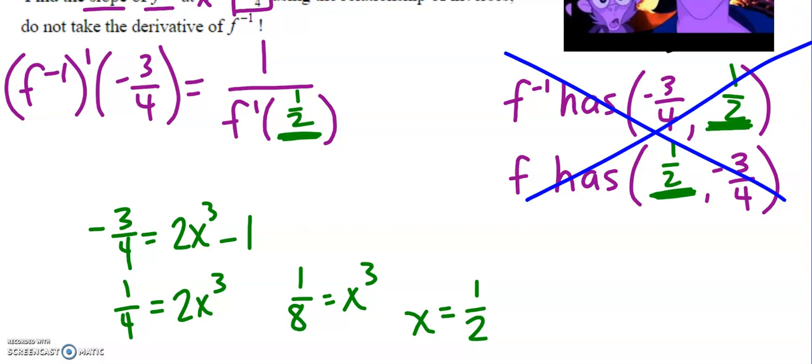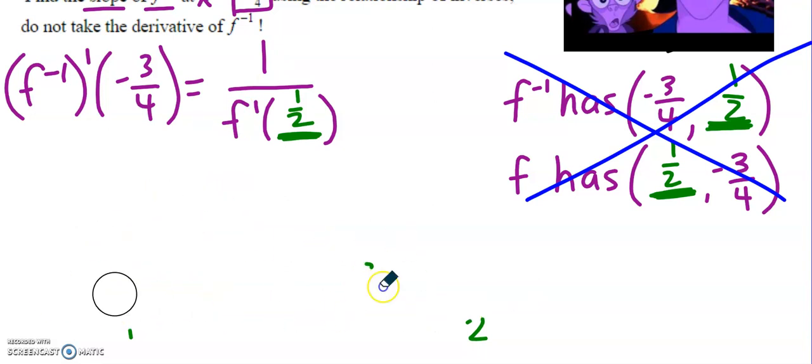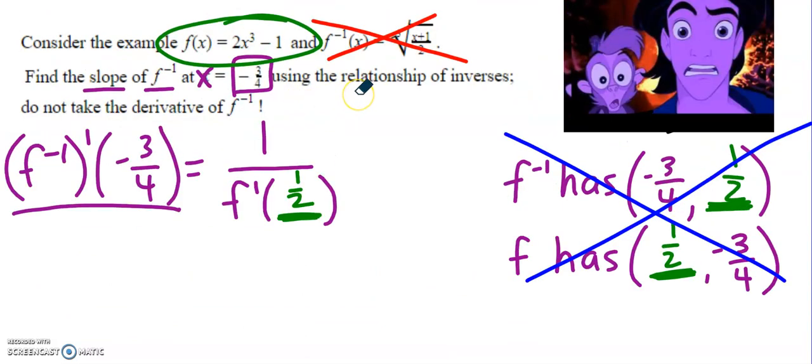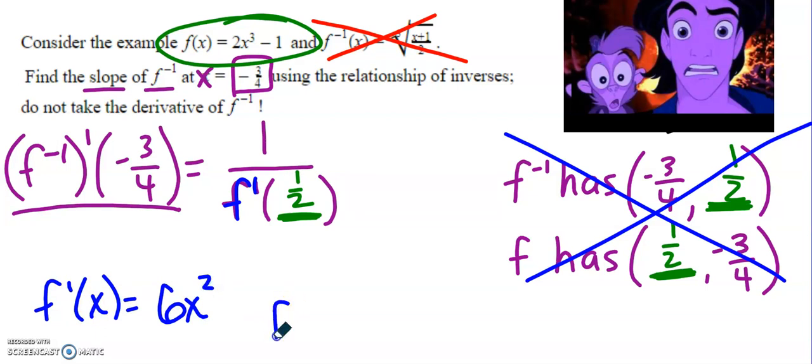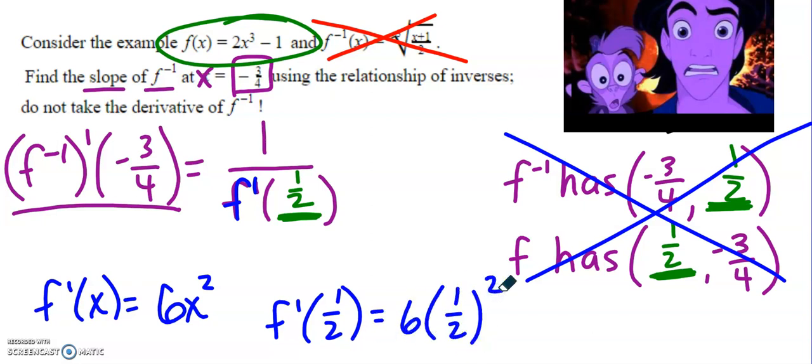Well, now that I have that mystery number, now I got to actually do the math that's in front of me, right? I wanted to find f inverse prime of negative 3/4. And I know that that's equal to 1 over f prime at 1/2. Well, what's f prime of x? F prime of x is 6x squared, which means that f prime of 1/2 is equal to 6 times 1/2 squared, which 1/2 squared is 1/4, 6/4 is 3/2.